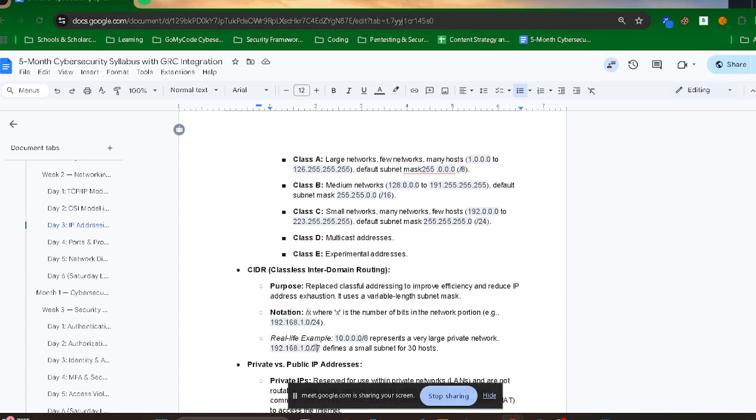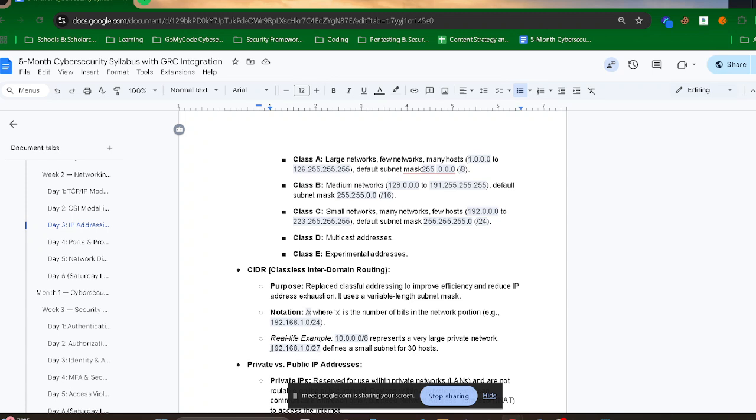This is what I asked: this IP address with this CIDR notation /27 defines a small subnet for 30 hosts.